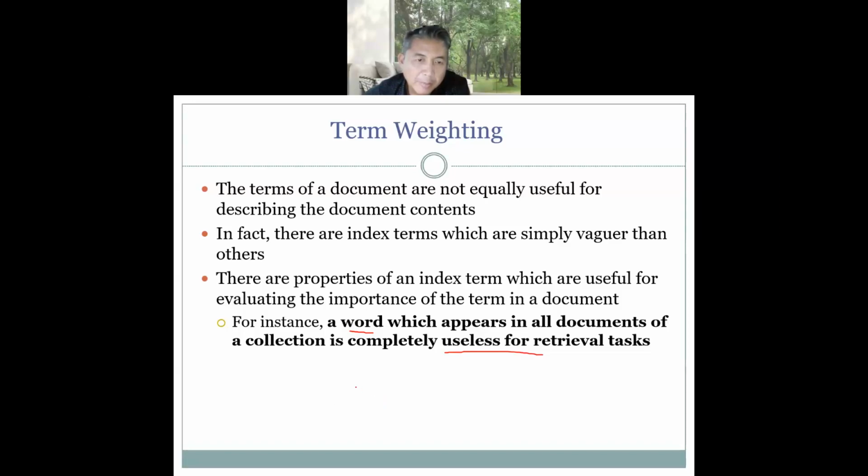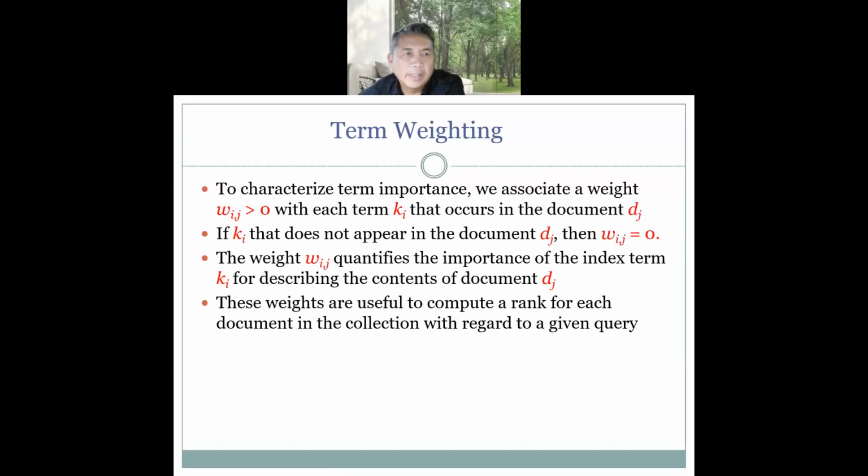For example, in all of the documents we have the word "is". So we cannot use "is" as an index term to differentiate the documents because all the documents have this word. That's why it's very important for us to find index terms which are unique and not all documents consist of that term.